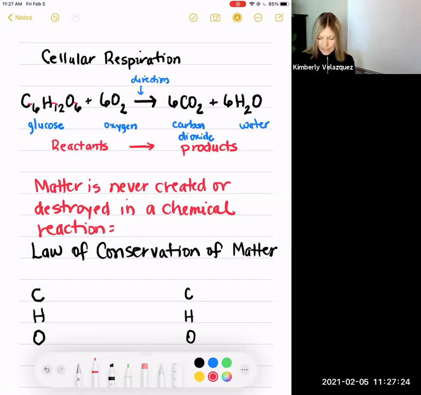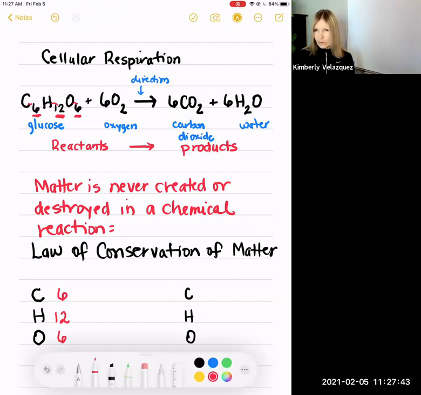Okay, so that's telling us we have 6 carbons, we have 12 hydrogens, and we have 6 oxygens.